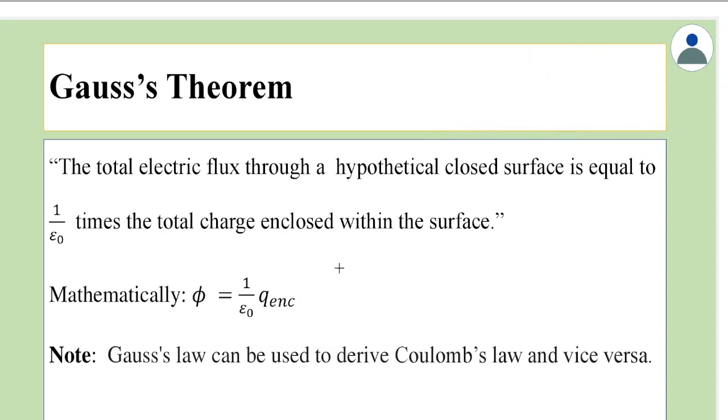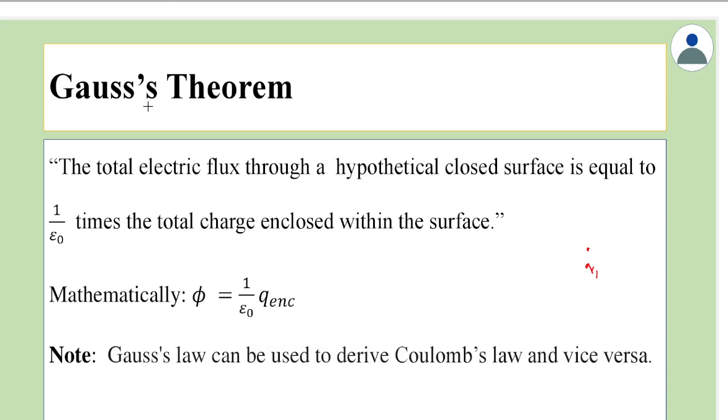Now it says that the total electric flux through a hypothetical, which means imaginary, closed surface is equal to 1 by epsilon naught times the total charge enclosed within the surface. To make sense out of it, think, for example, we have a charge, say charge Q1.